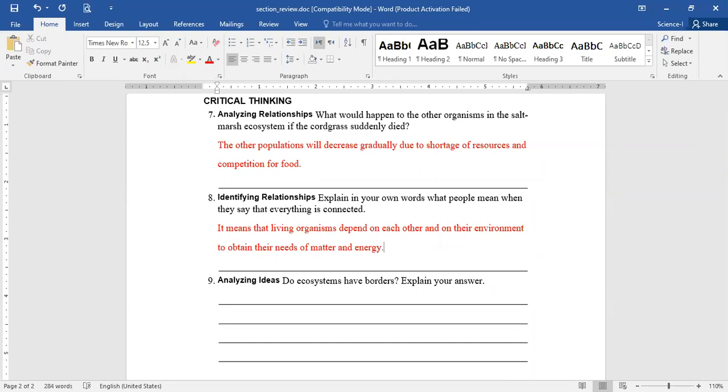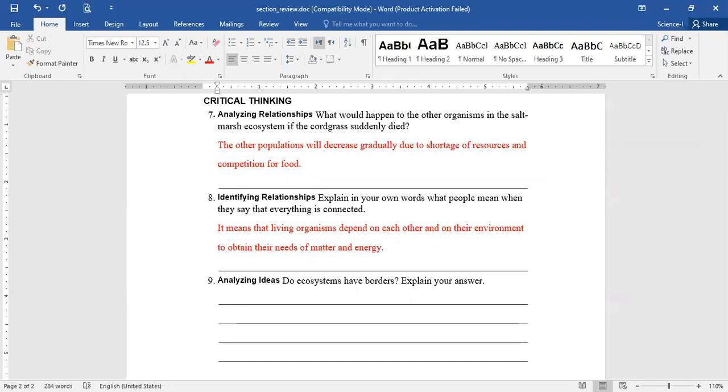Plants, for example, use sunlight and nutrients, and matter they get from the air, like carbon dioxide, water, and so on. Animals depend on each other too. Animals could eat plants, and some animals are eaten by other animals. Even dead bodies are eaten by decomposers, and all of them require a certain habitat or environmental condition to survive.